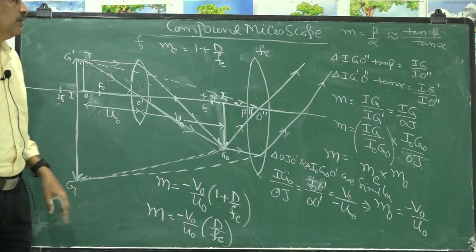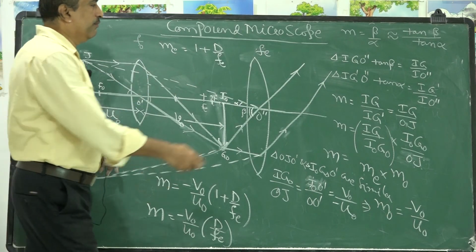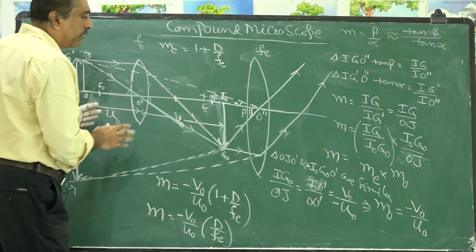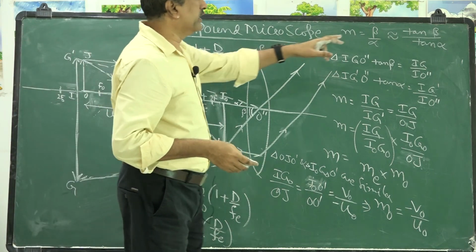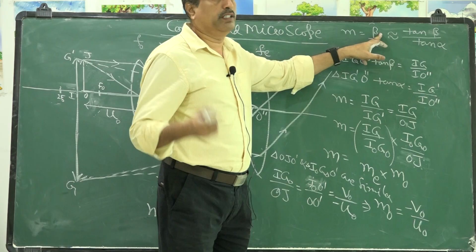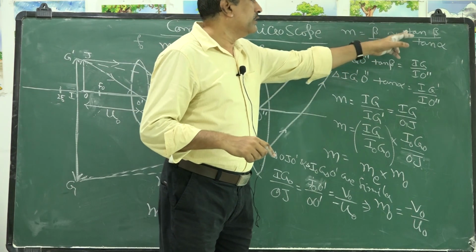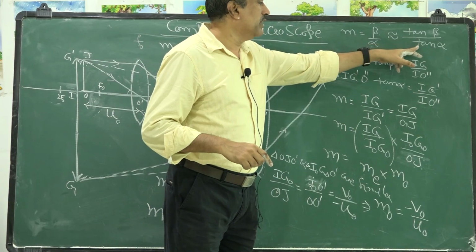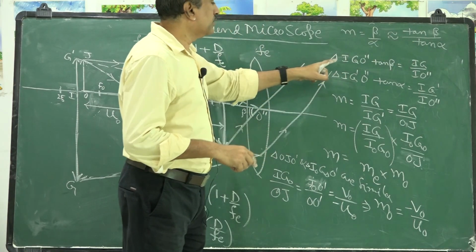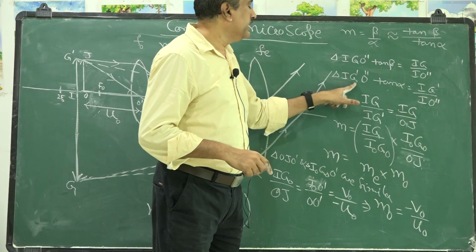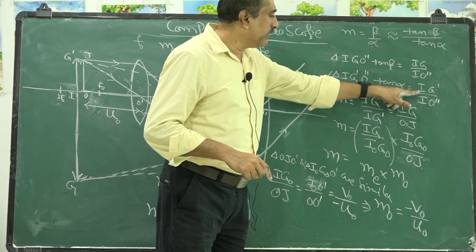Now, to derive the magnifying power of this compound microscope, we have to take the ratio of the angle subtended by the image and the angle subtended by the object at the eye, which are approximately equal to tan alpha and tan beta. From this triangle, tan beta is this one, and tan alpha is equal to this one.